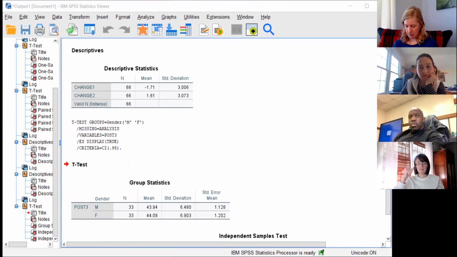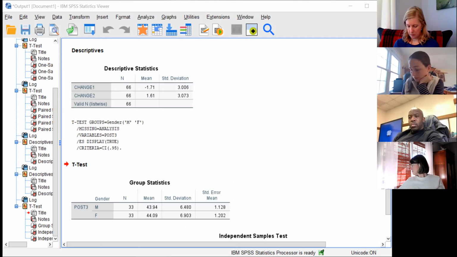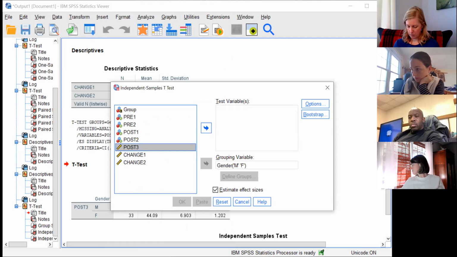And next question, is there a significant difference between genders on the pre-1? Similar, except that instead of post 3, we're doing pre-1.